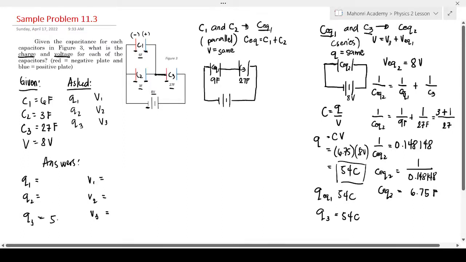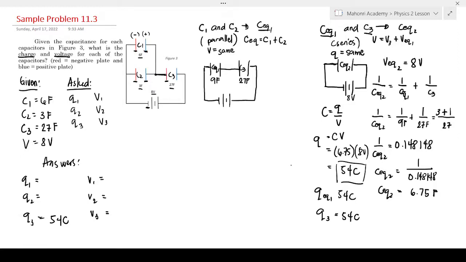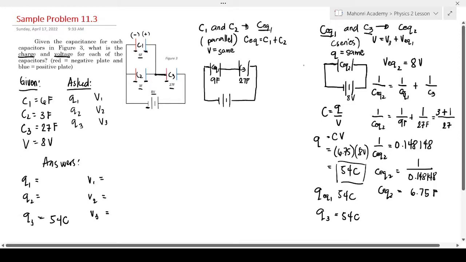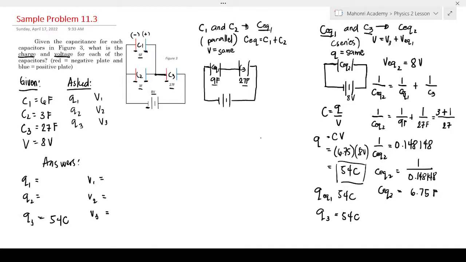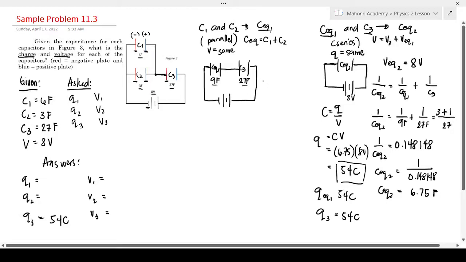So we now have one of our answers, which is 54 coulombs. So we have 54 coulombs for our CEQ2, which tells us that the charge for our 9 farads and our 27 farads is 54 coulombs. Now we can solve for the voltage of our C3.